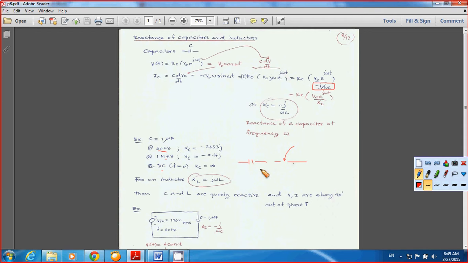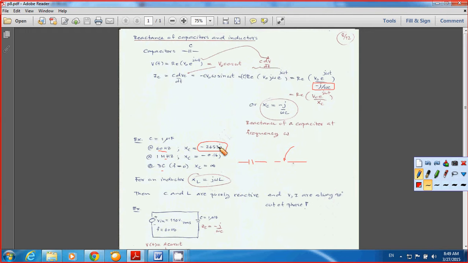And as I mentioned again, the impedance or reactance of the capacitor becomes a negative complex number. But for the inductor, the impedance becomes a positive complex number. So it works out very nicely. This one is negative, and for the inductor it's positive.